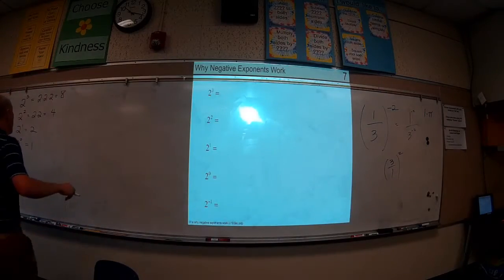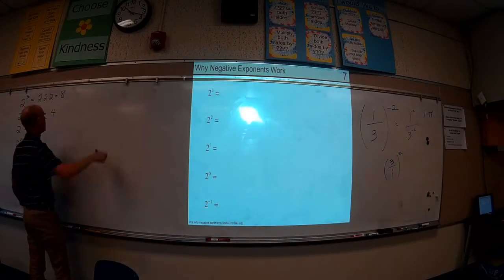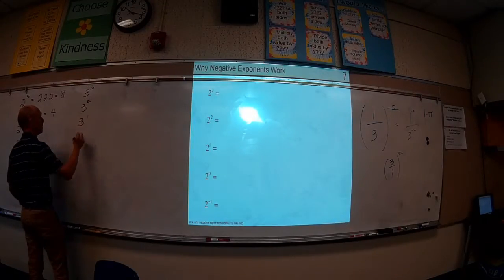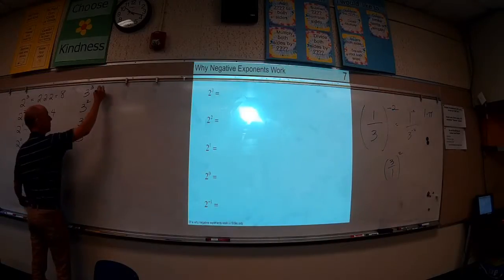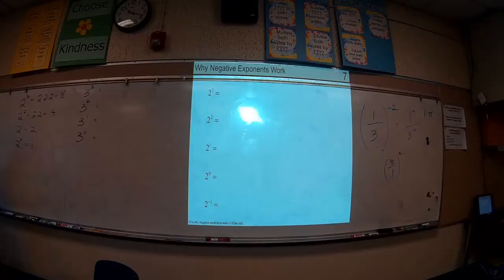Well, keep this. We're going to write some more stuff under here, but do you have some space over here at the same time? Yep. Let's try the 3s. Three to the 3rd.